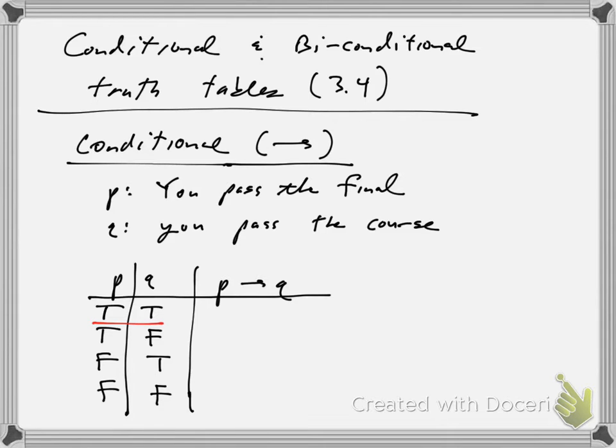So if the professor said in the syllabus, if you pass the final, then you pass the course, then it looks like the professor did what he or she promised, because you did in fact pass the course and you did pass the final. So the conditional statement that if you pass the final, then you pass the course is a true statement because both of these statements are true. So this would be true.